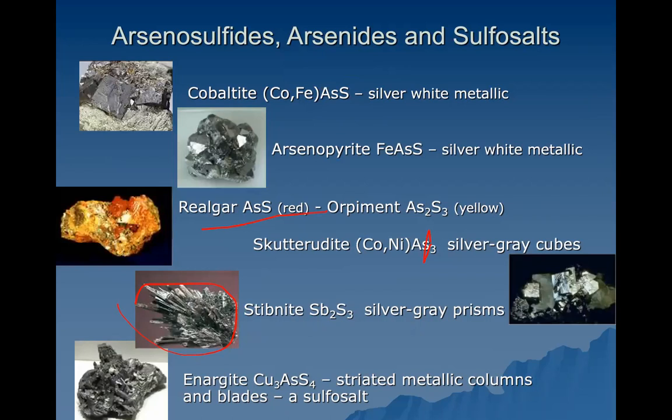A sulfur bearing mineral, but people used to call it a sulfur salt. I'm not very sure why such a term is there, but anyway, it has striated metallic columns. Yeah.